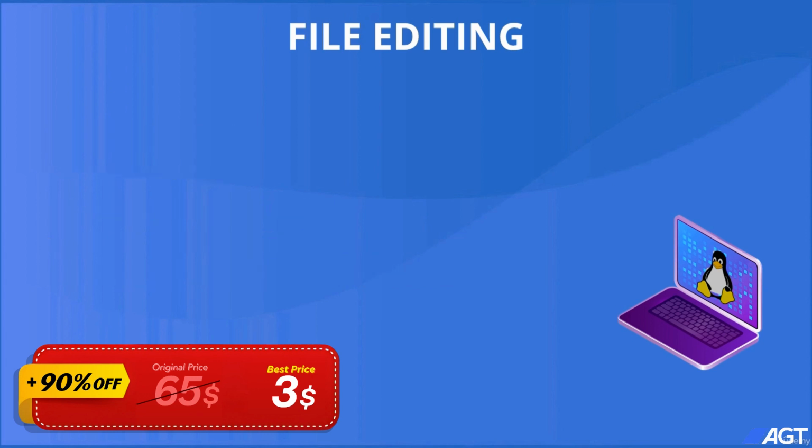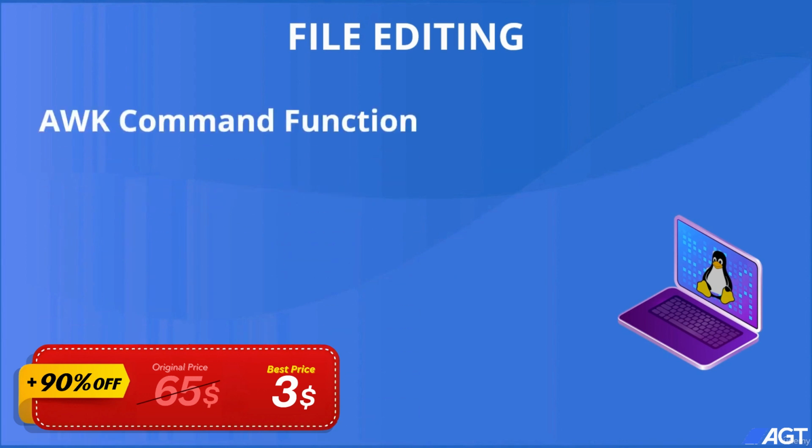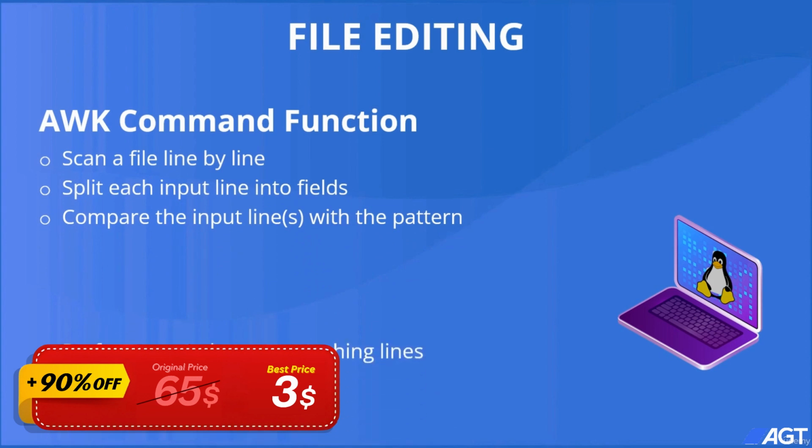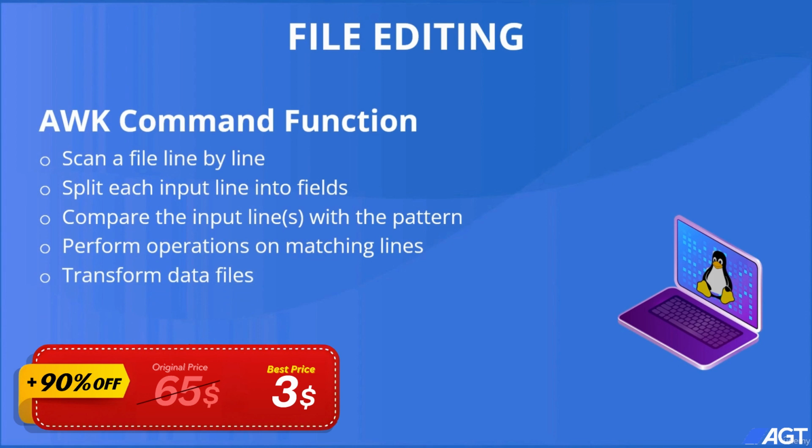All right, so let's have a look at what else we can do with awk. With the awk command, you can scan a file line by line, split each input line into fields, compare the input lines with the pattern, and perform operations on matching lines. But also, awk is a useful command to transform data files and produce formatted reports.